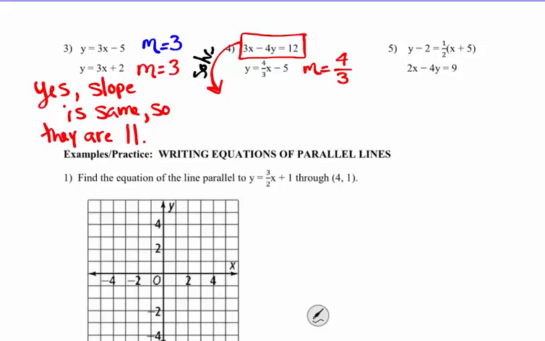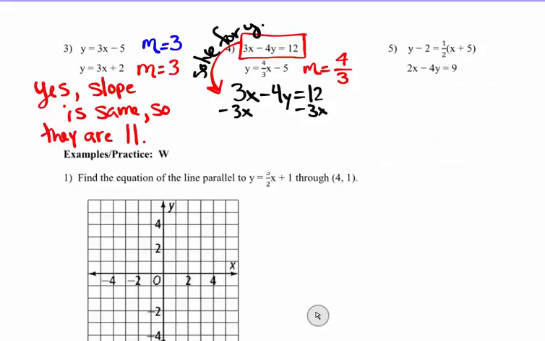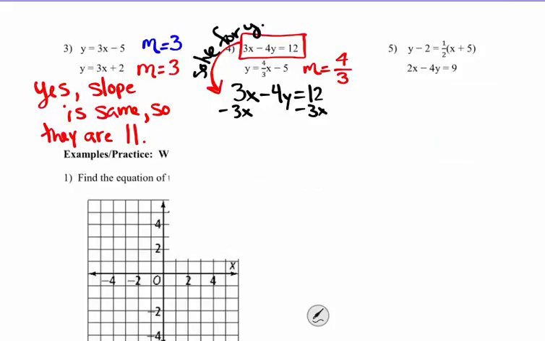The first equation needs to be written in the form y equals mx plus b. So that's what we're going to do first. 3x minus 4y equals 12. To get y all by itself, the first thing I must do is subtract 3x from both sides. I then have negative 4y equals negative 3x plus 12.